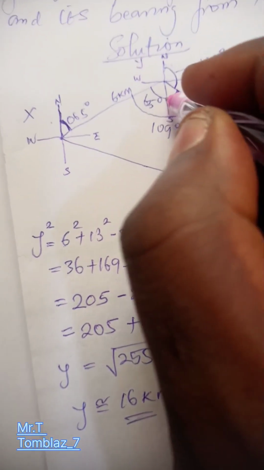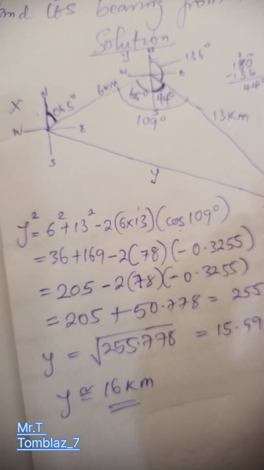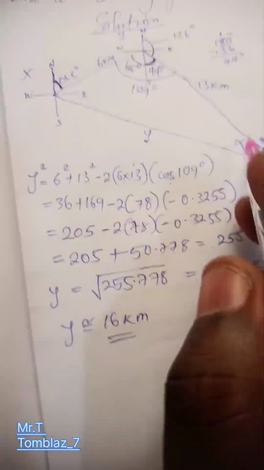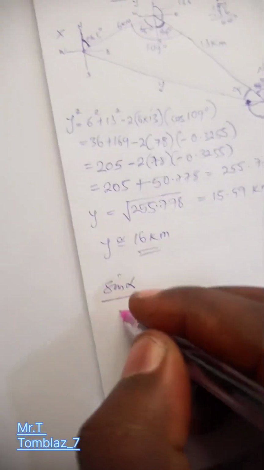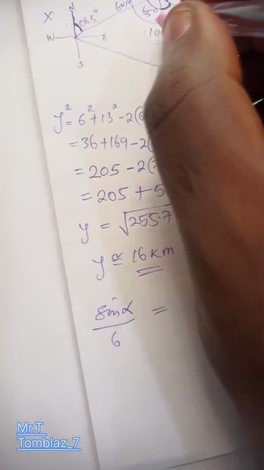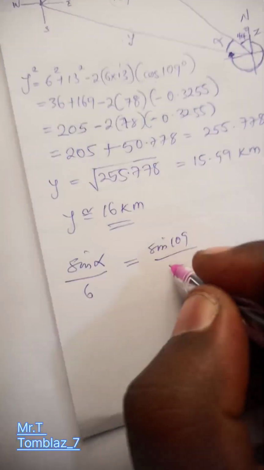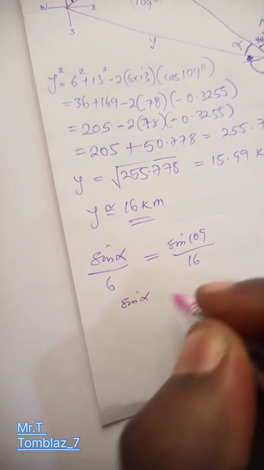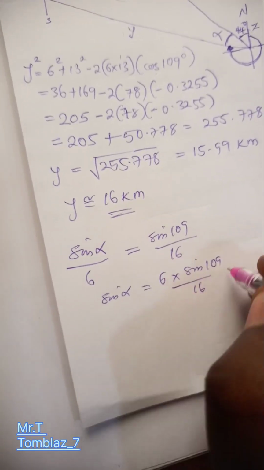So looking at this point, we have 44 here, and 44 is alternate to this point, so this point is 44 degrees as well. But we don't know this portion, so we can call it alpha. So let's look for alpha. Now to find alpha, we use the sine rule. Sine alpha over the opposite side, which is 6, equals sine 109 divided by y, and y is 16 kilometers. So let's make this the subject of the formula. Sine alpha equals 6 times sine 109 divided by 16.